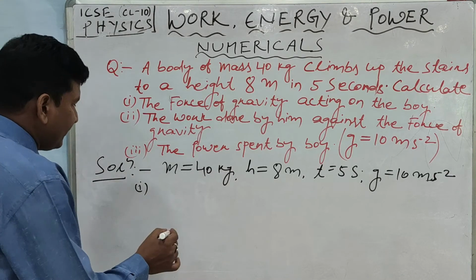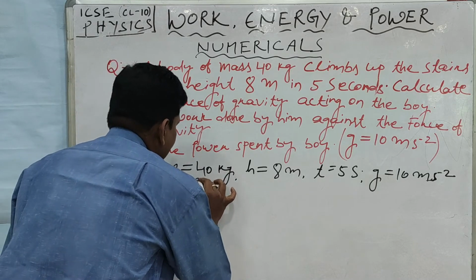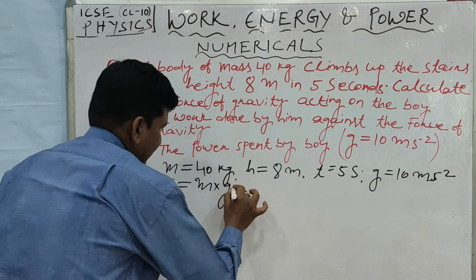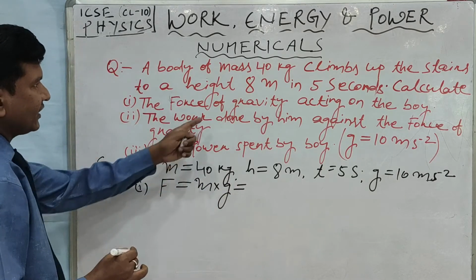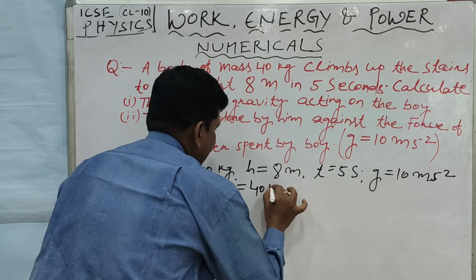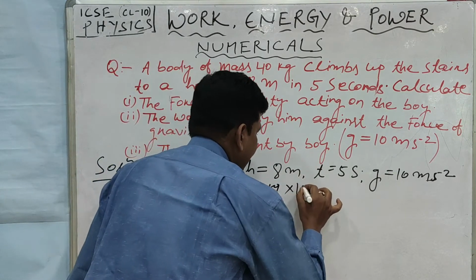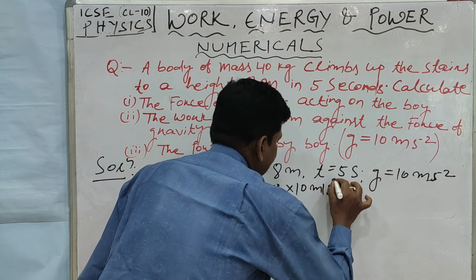So the force of gravity acting on the boy, F is equal to m into g, that is equal to 40 kg into 10 meter per second square.